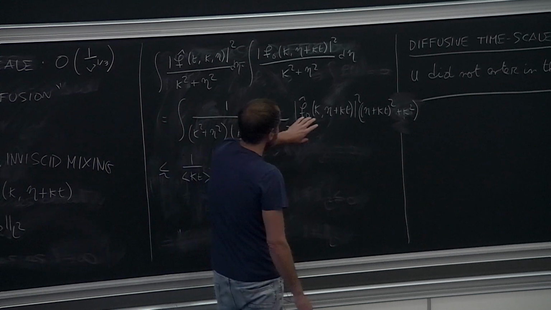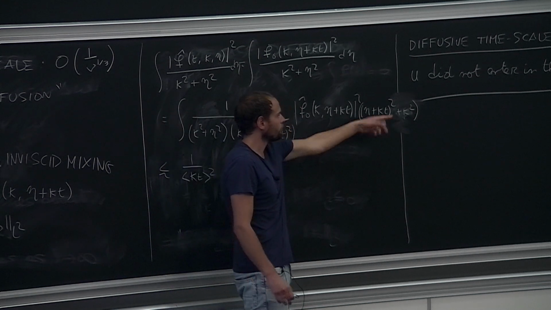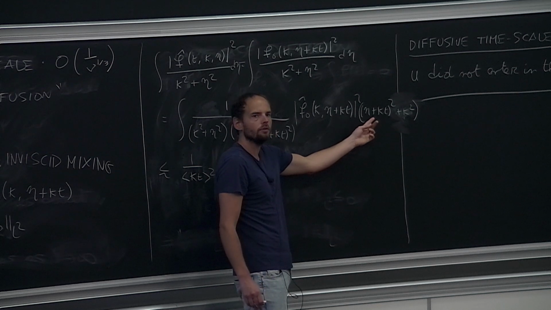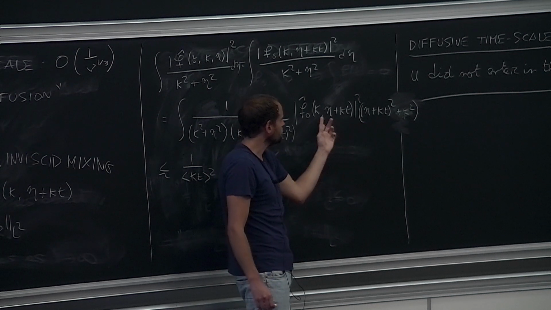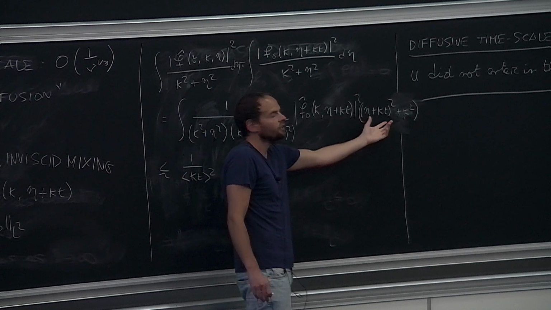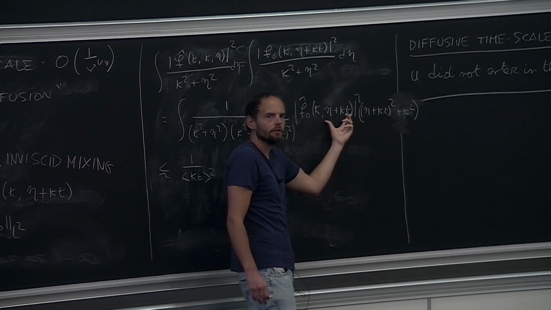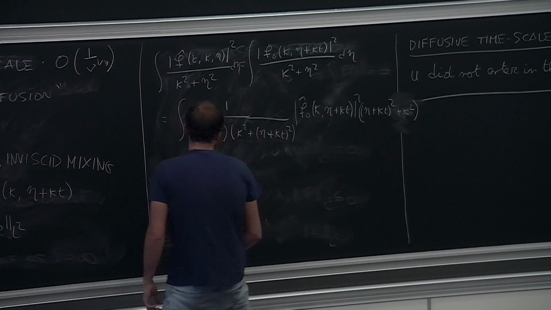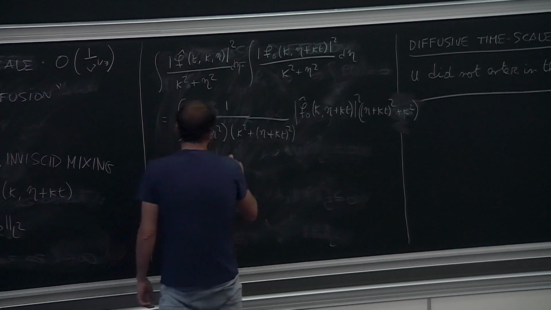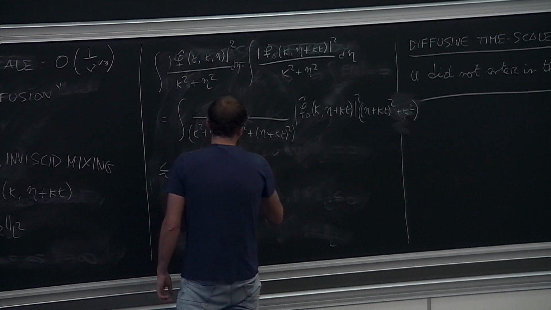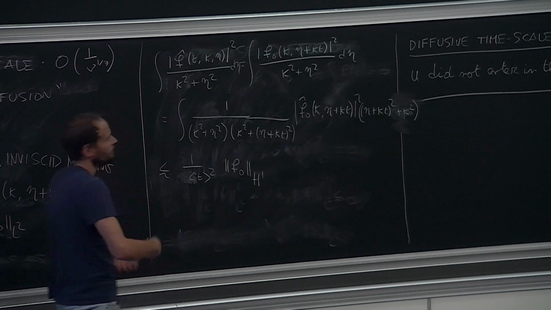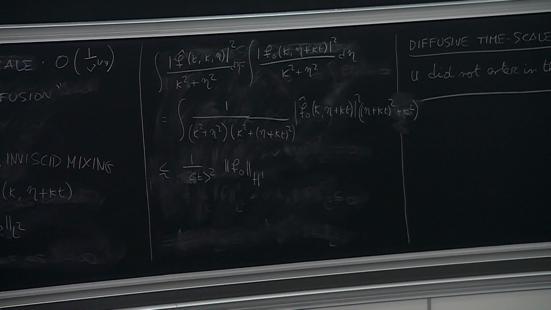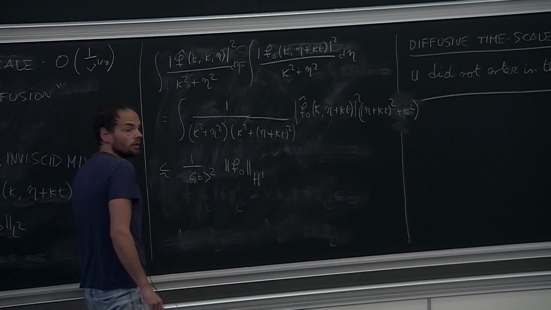And if you now revert back to the original variables, this is just the H1 norm of the datum. So let me also forget about the k. So I get f0 in H1, let's say in both variables. You don't really have to pay any derivatives in x, but for the sake of it, the mixing H1.